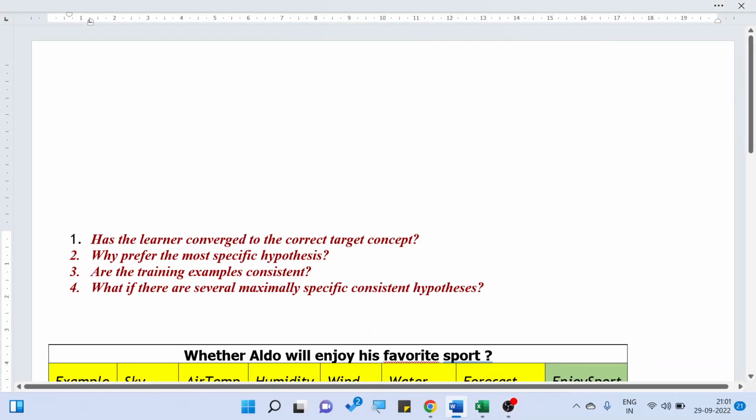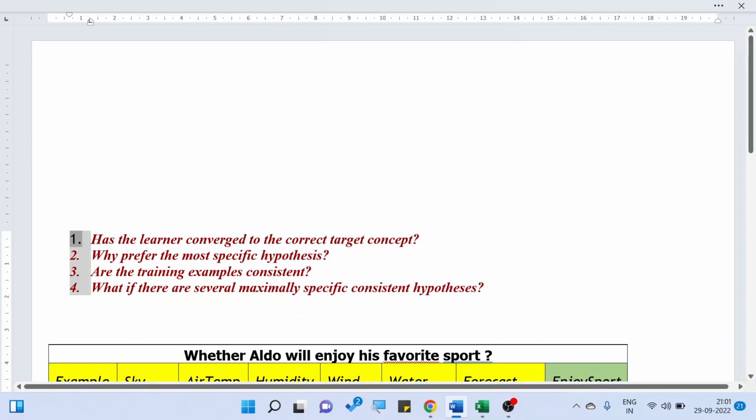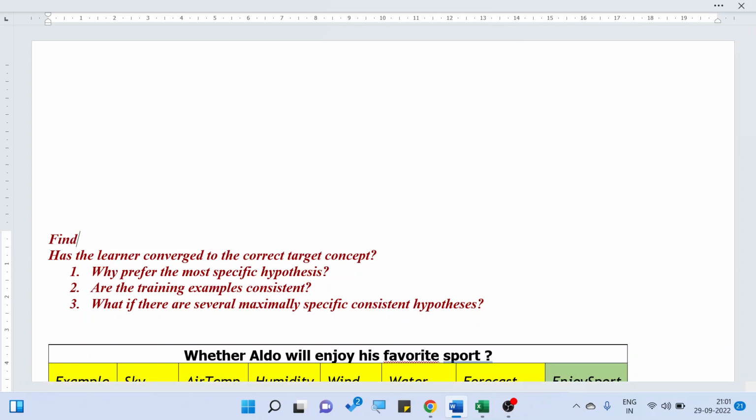In the last session, we talked about the Find-S algorithm. The Find-S algorithm actually outputs the maximally specific hypothesis.